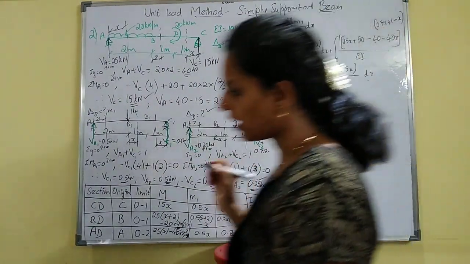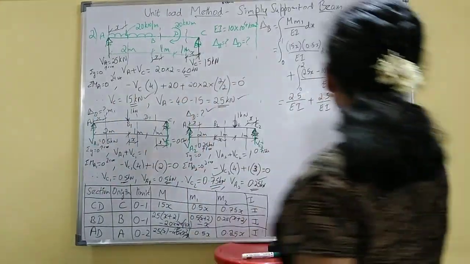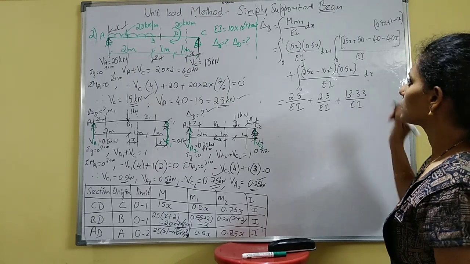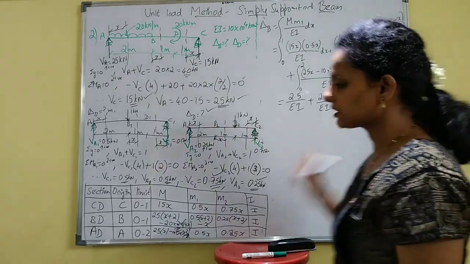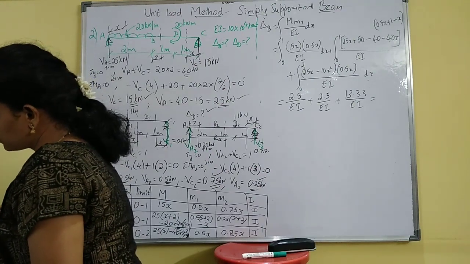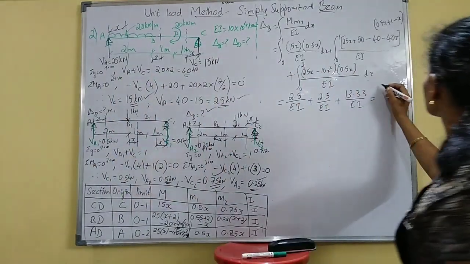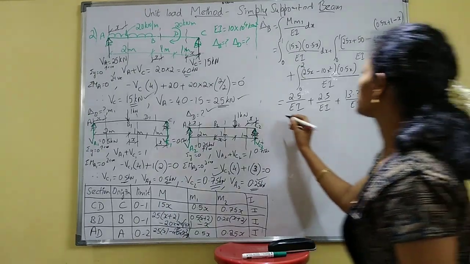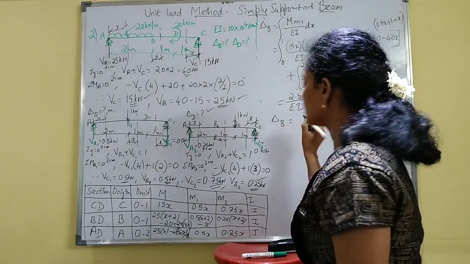And last one you have 13.33 by EI. So just add it, you will have final total as 18.33 by EI. Substitute EI and get the value of delta B.